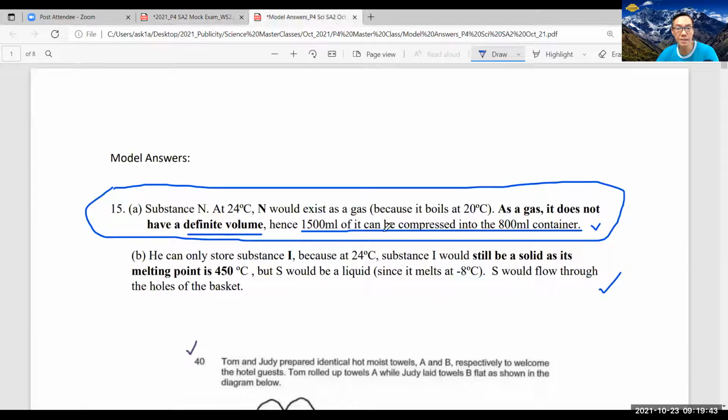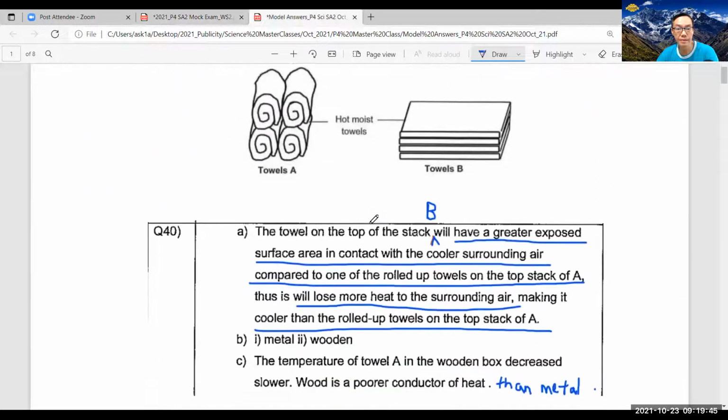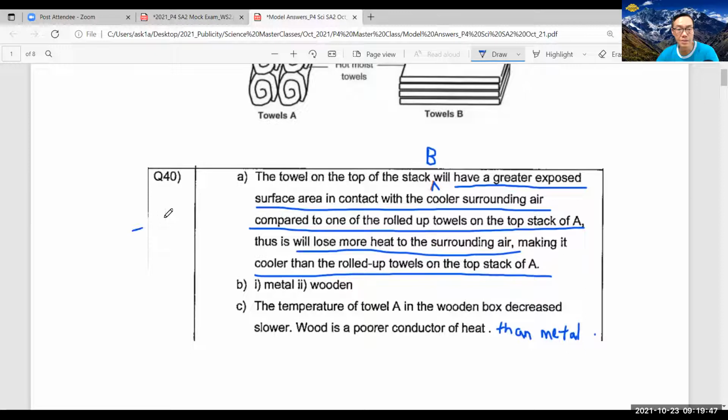So again, this is the model answer. You can screenshot or pause my recording.